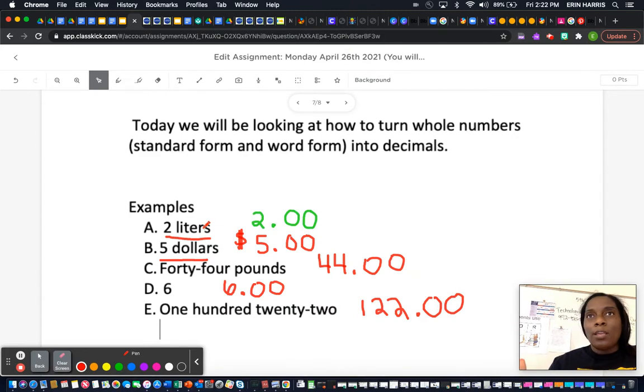On our common assessment that we just took, we had a problem where they emptied a 2-liter bottle of liquid soap into containers. One container had a decimal amount, and the second container had another decimal amount. And then it asked how much was remaining in the 2-liter bottle.